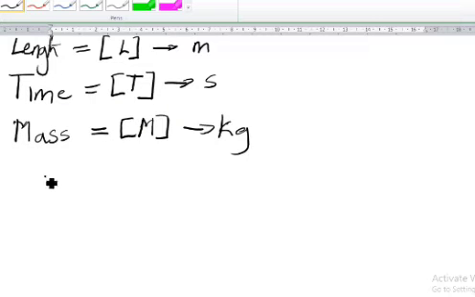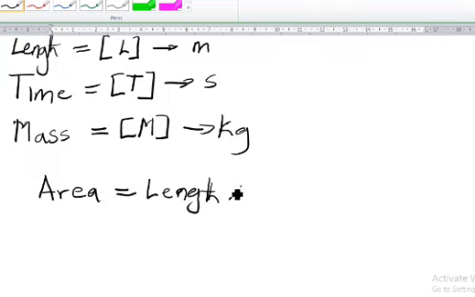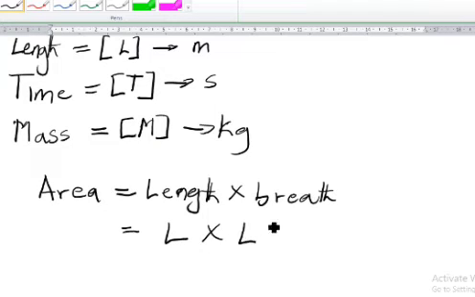Let's start with area. Area is the product of length times breadth, and you can write it as length times length, because breadth is also length, and this will give you length squared, L squared.